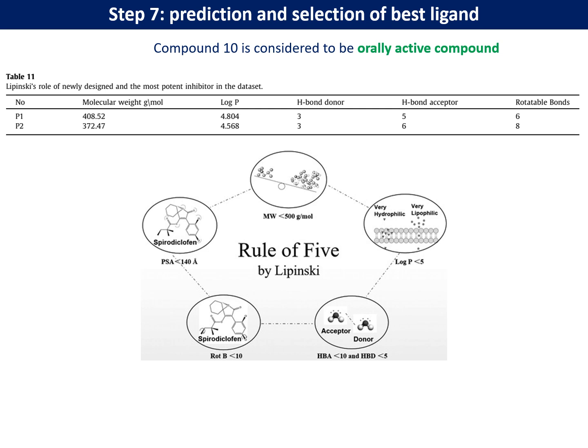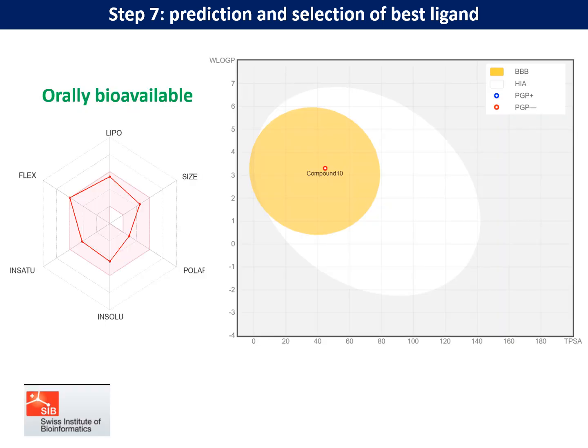Molecular weight less than 500 grams per mole, log P less than 5, hydrogen bond donors less than 5 and hydrogen bond acceptors less than 10, rotatable bonds less than 10, and PSA less than 140 angstroms. And here, compound number 10 meets these Lipinski rules, and it is considered an orally active compound.